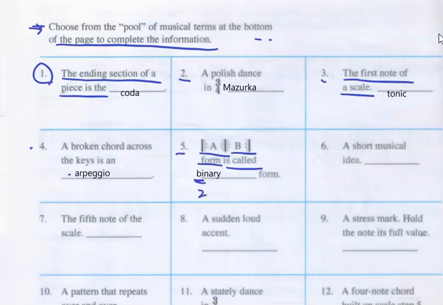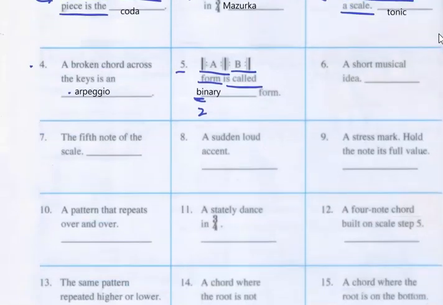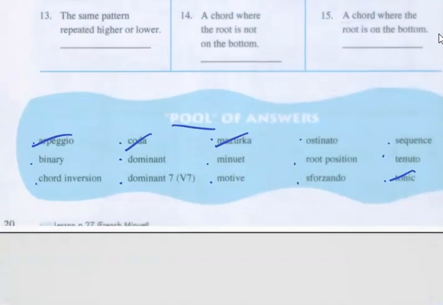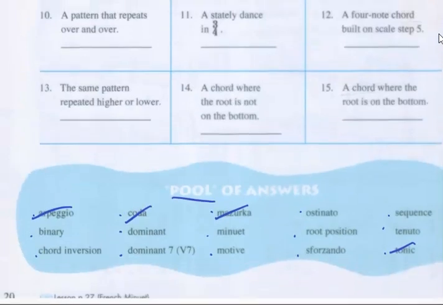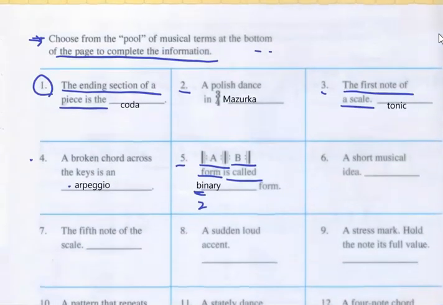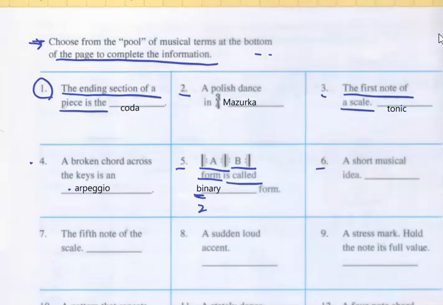So like bicycle. So binary form in music means 2-part form. A and B. You have only 2 parts. So it's called binary form, 2-part form. So in here, in the pool of the answers, we have binary. Gone.